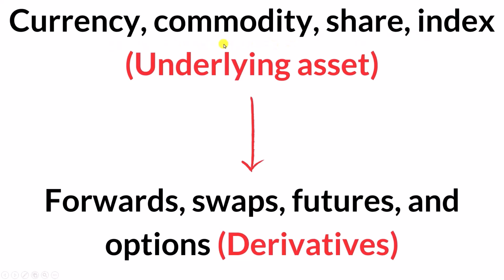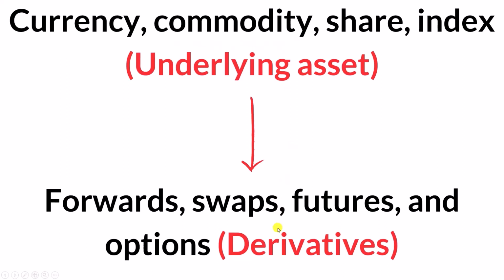So, when the price of these increases, then the price of these also increases. When the price of these decreases, the value of these also decreases. So basically the variation in the price of underlying assets impacts the price of derivatives.